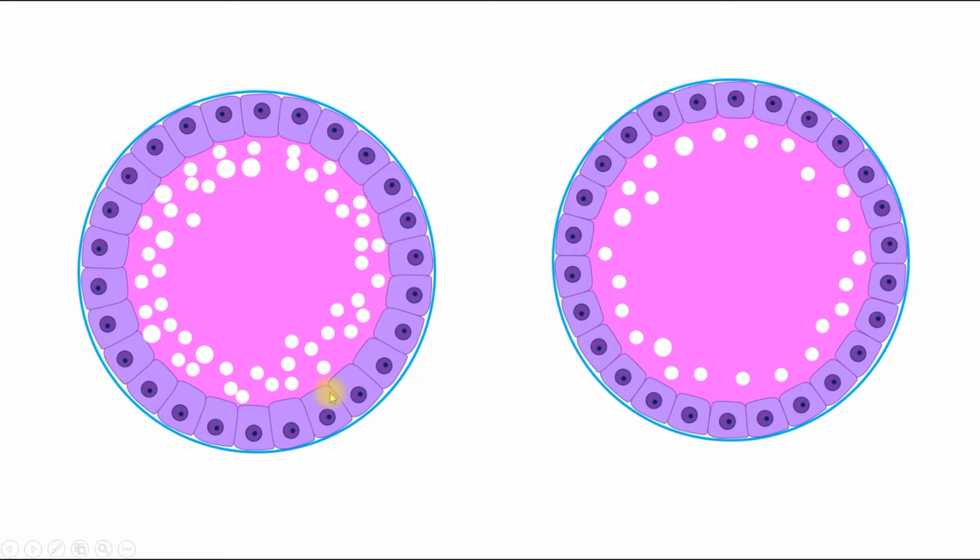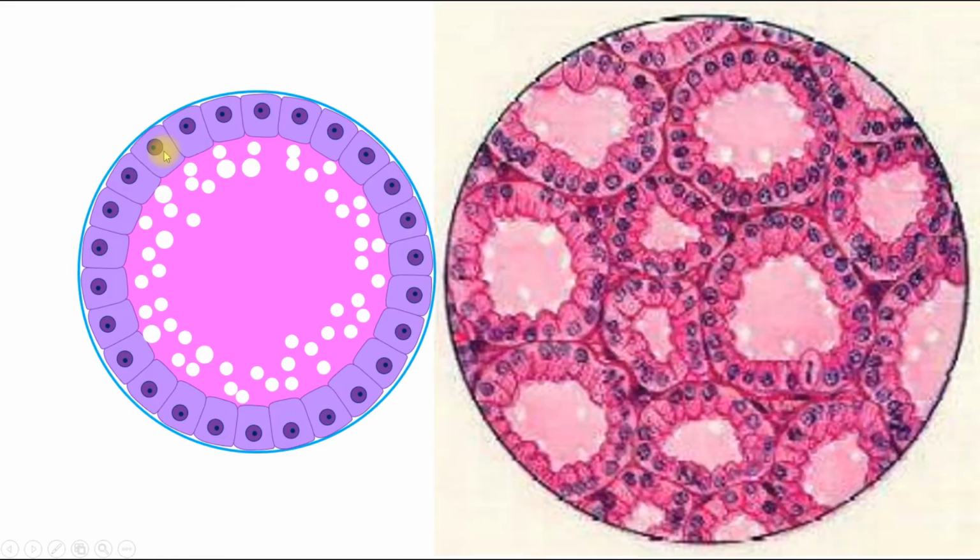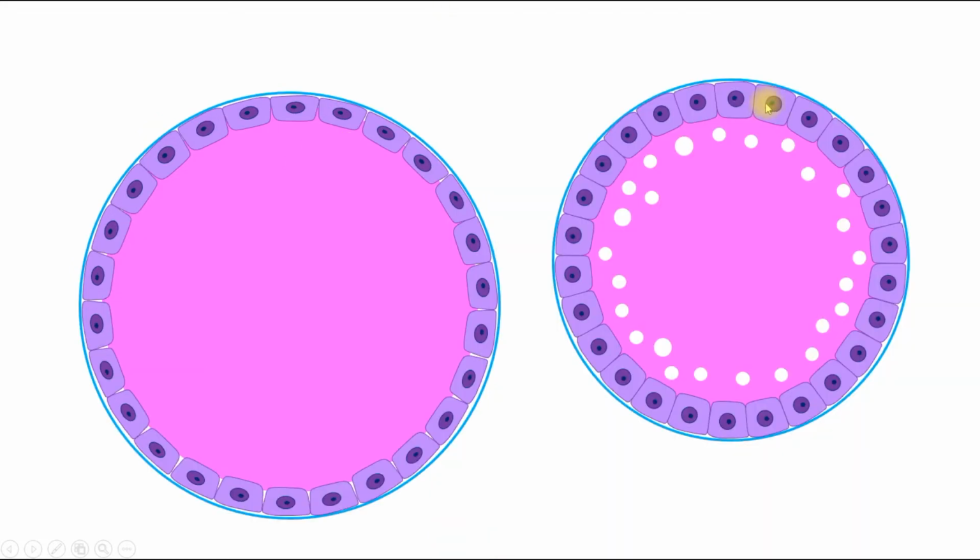It shows us hyperfunction or increased function of thyroid gland. Here we can see increase in the function of thyroid gland, the appearance of hyperfunction: columnar thyrocytes and numerous vesicles in colloid.